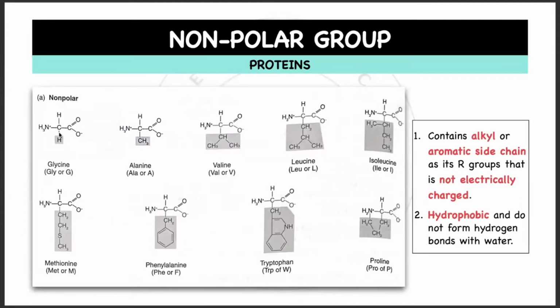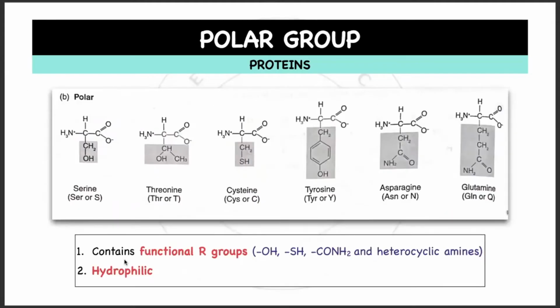As you can see here, glycine is the only one that ends with a hydrogen, whereas the rest all end with CH3, so that falls under non-polar group. Now for the polar group, they have functional R groups and they're hydrophilic, so that means that they're able to form hydrogen bonds with water and take part in chemical reactions.